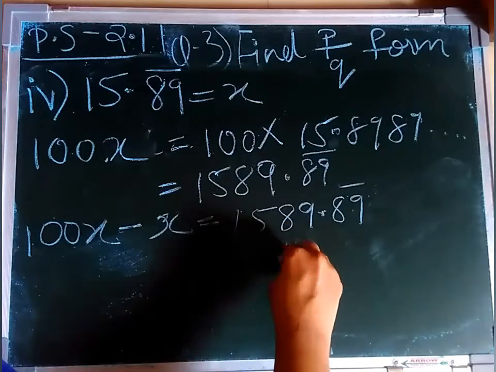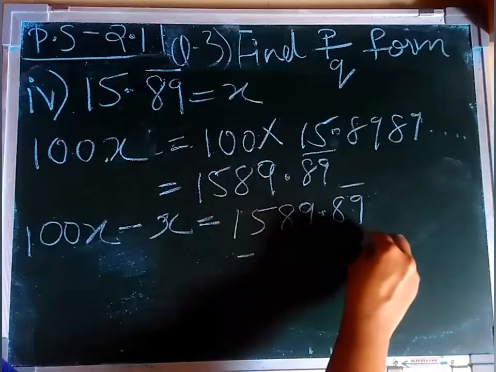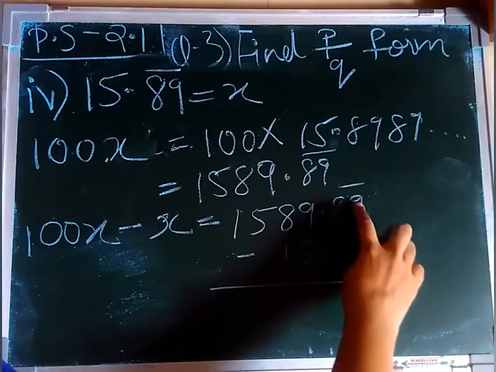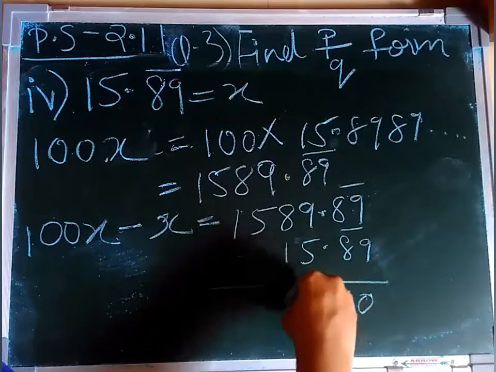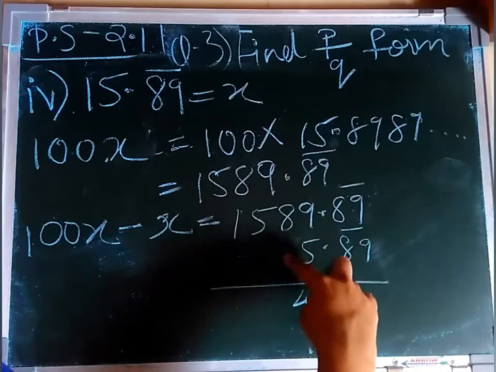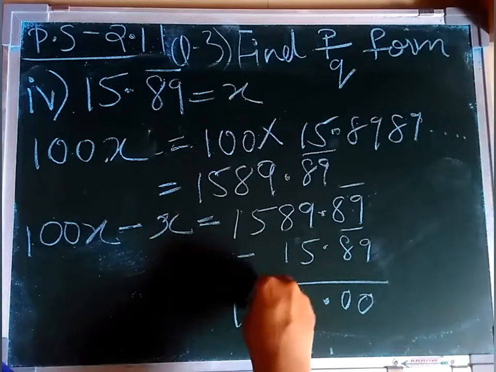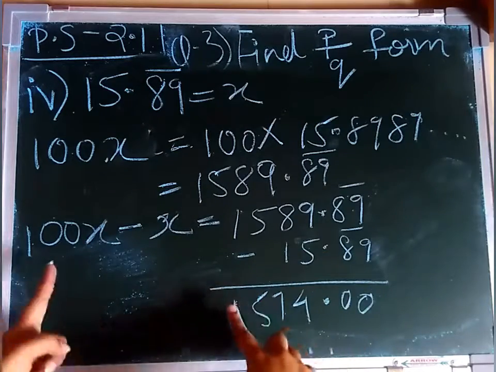Now I have to subtract this 15.89 bar. So when I subtract, this will give me 0, and 9 minus 5 is 4, and this will be 7. So 1574 is the answer.